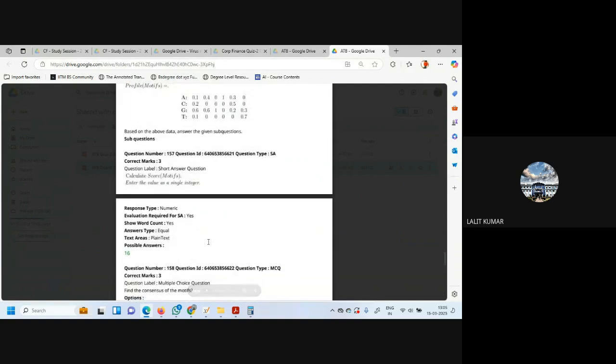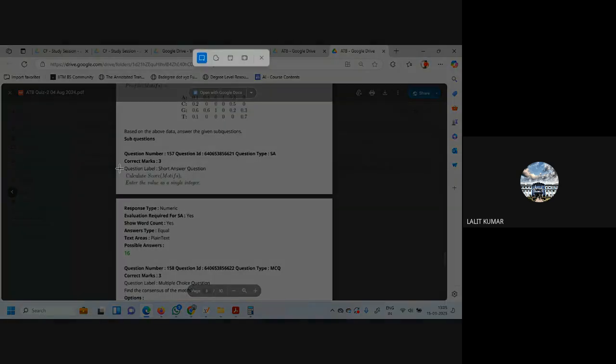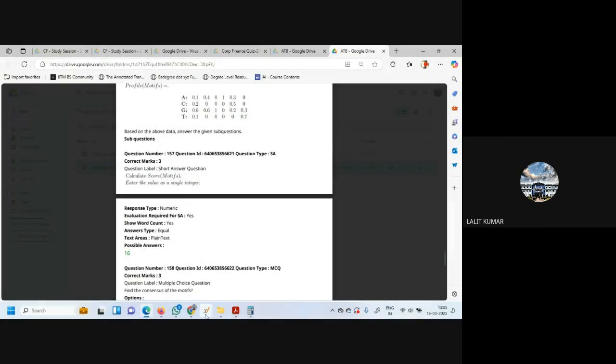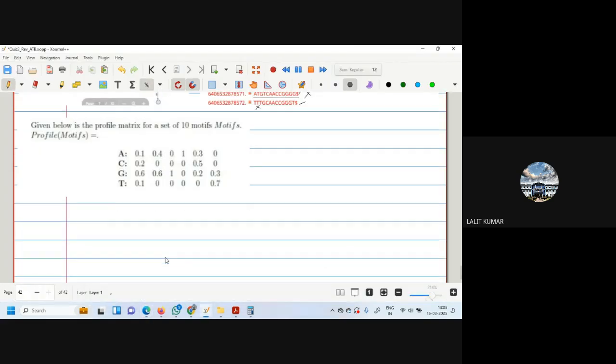Now we have to calculate the score of motifs. So how do you calculate a score of motifs? Anyone? Have you done that question?